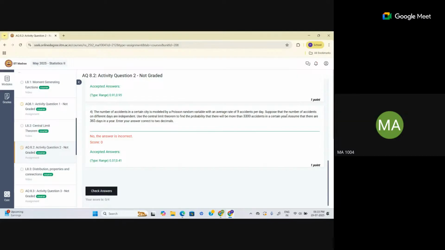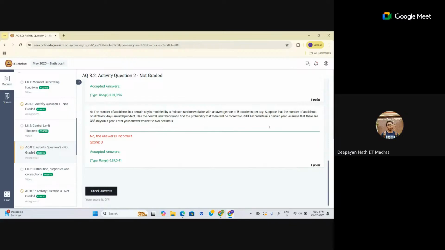Suppose that the number of accidents on different days are independent. Use the central limit theorem to find the probability that there will be more than 3,300 accidents in a certain year. Assume that there are 365 days in a year, then you have to calculate this probability.